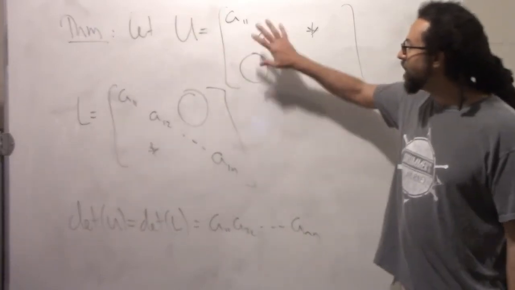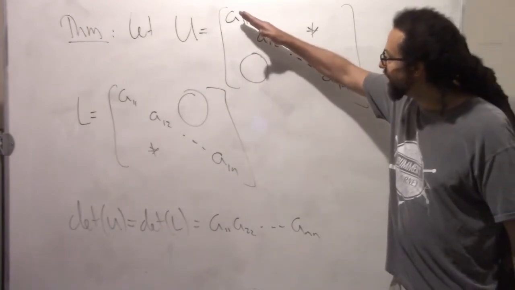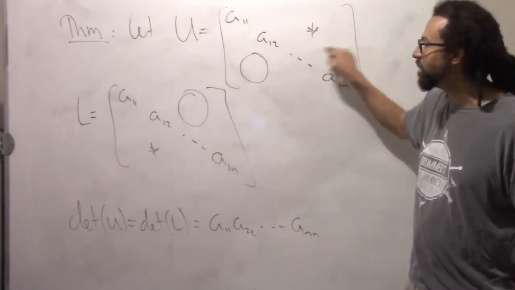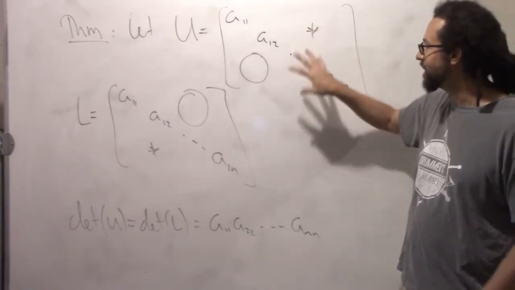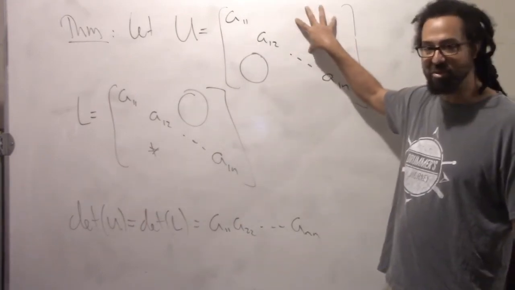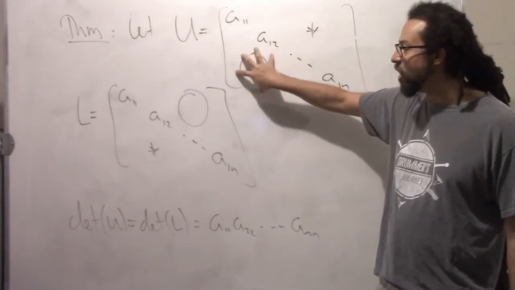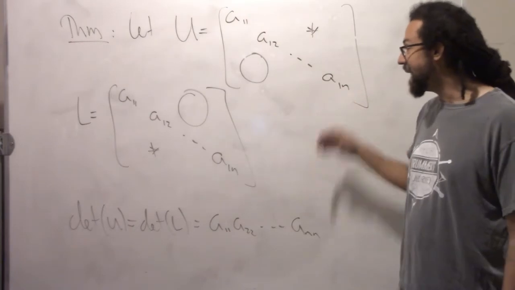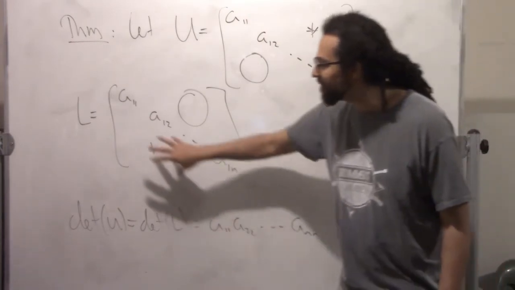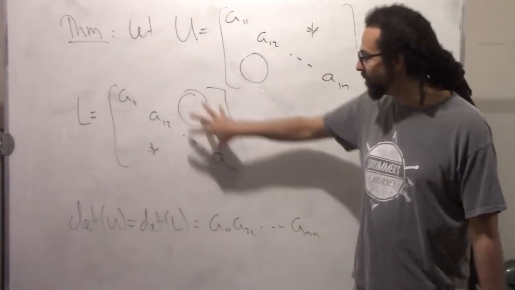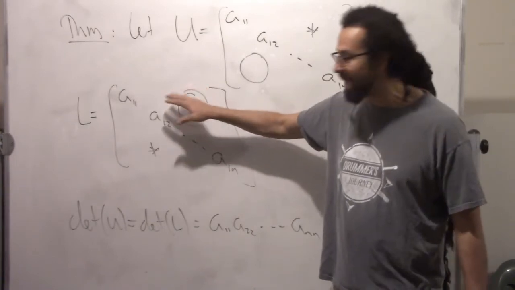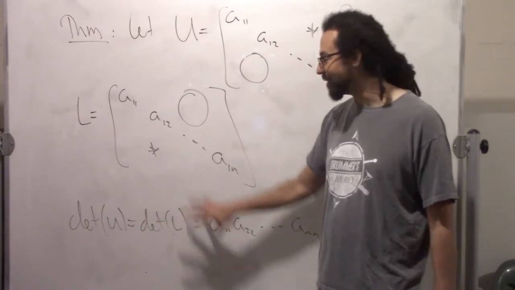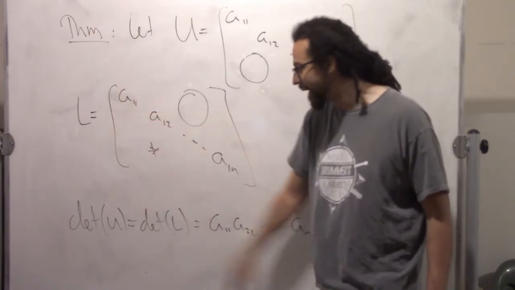If you've got an upper triangular matrix, so everything below the main diagonal is 0, and we don't care what's above the main diagonal, as long as there's all zeros below the main diagonal. Or if you've got a lower triangular matrix, so zeros above the main diagonal, and we don't care what is below the main diagonal, so lower triangular.